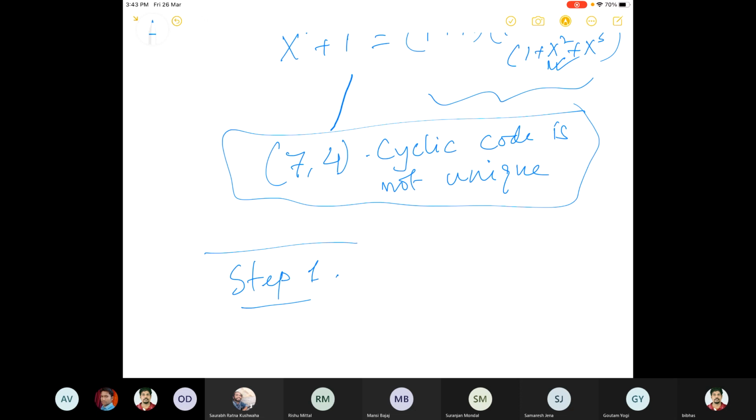Suppose that is given to you, then we have to choose possible options for g(x) of degree n minus k.